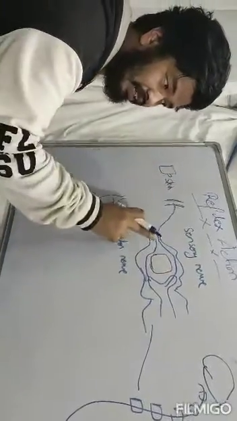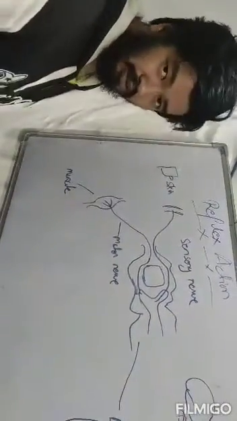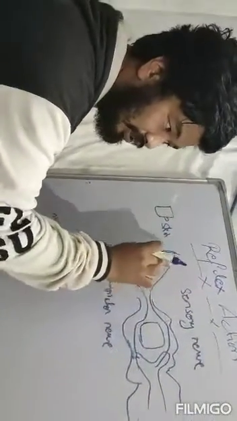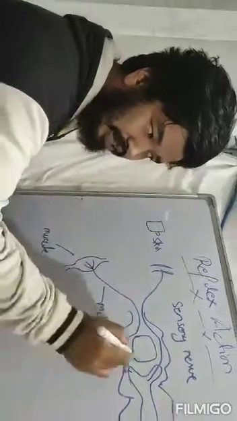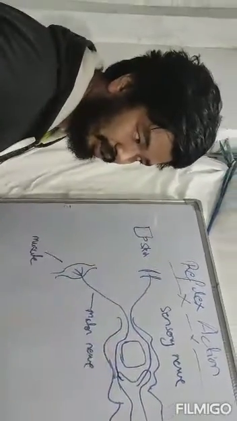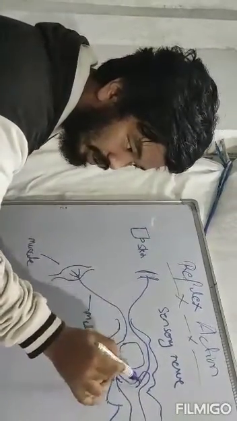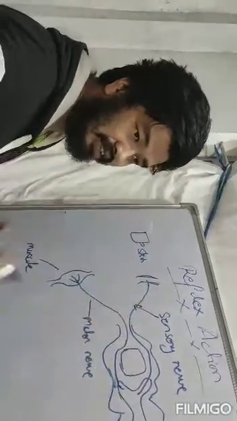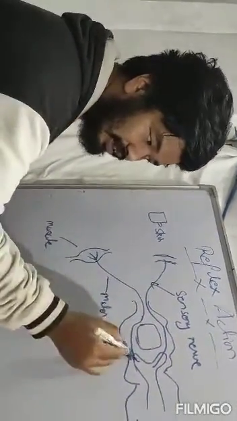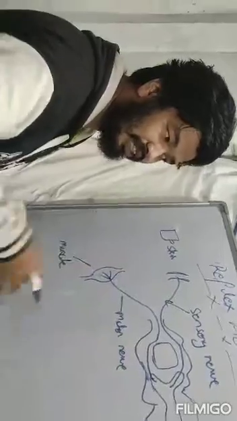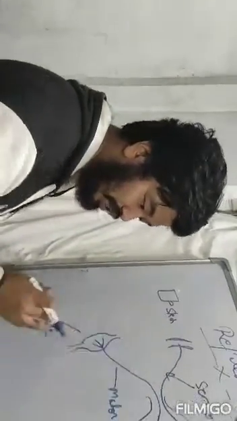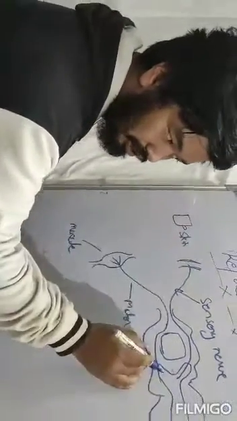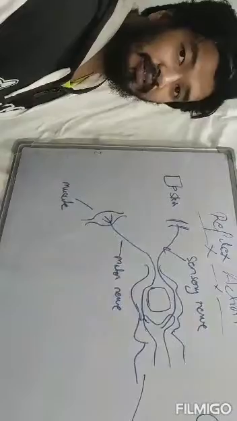So the signal is traveled only to the spinal cord. As you can see, there are nerves out here. This nerve attached to your spinal cord is your sensory nerve, which carries the signal from the sense organ, and this nerve is a motor nerve which sends the signal from the brain to the human body. Both the nerves are attached to your vertebra.